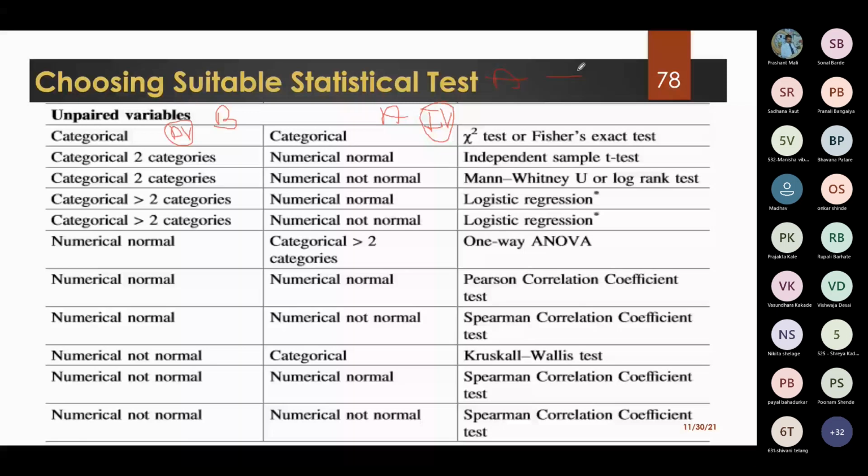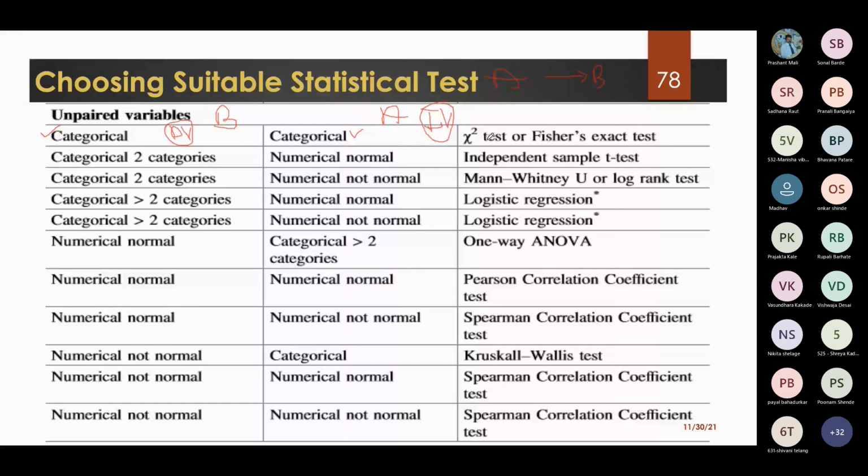Clear? Now, if A is categorical and B is also categorical, then the test is chi-square. Now, what is the example? The example is you want to compare gender with location. Location means you have multiple districts, for example, or multiple states.